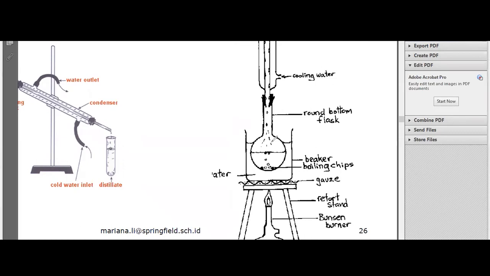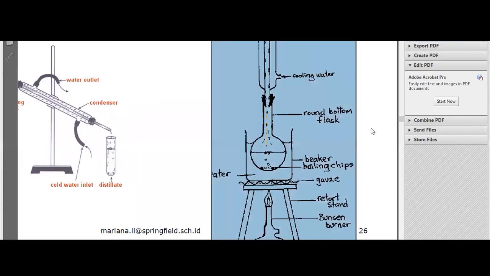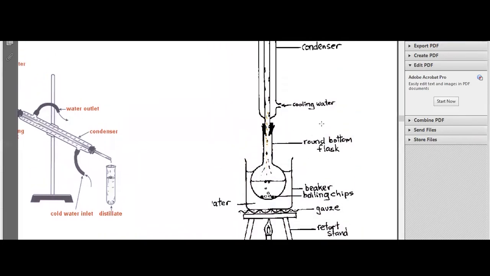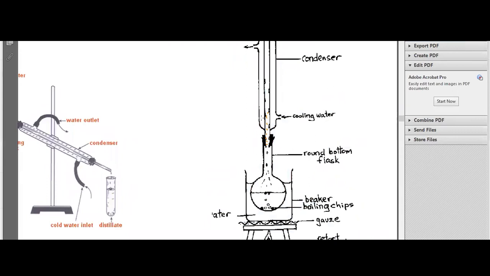Okay, and then as the boiling point is reached, you know that ethanol changes to ethanoic acid in this process. The vapor will go here and try to escape to the environment. But since at this condition the temperature falls, it will turn to liquid, right?